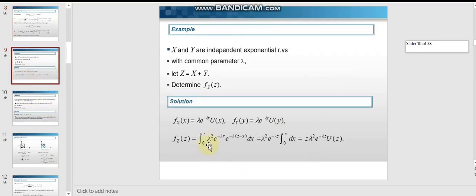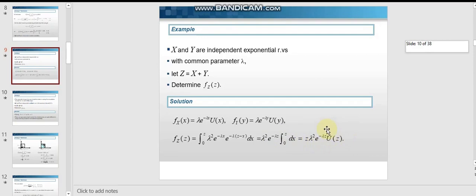By plugging in the PDFs of x and y here, I will get lambda square times e raised to the power minus lambda z. By integrating dx from 0 to z, I will get this expression.